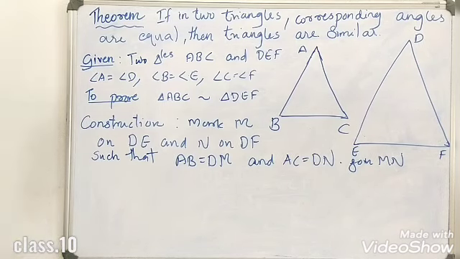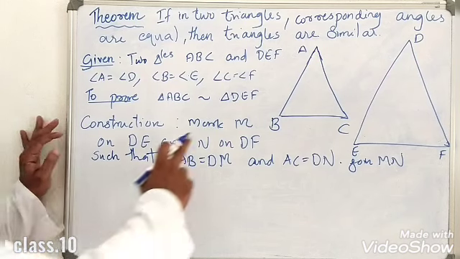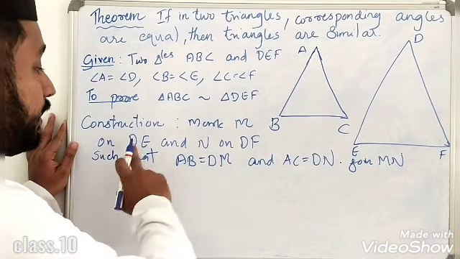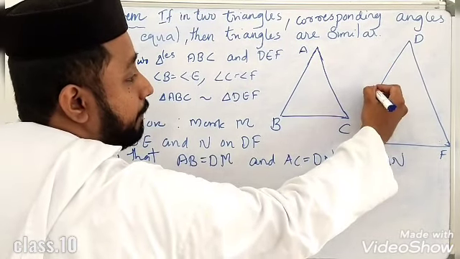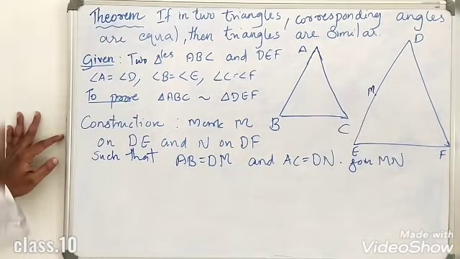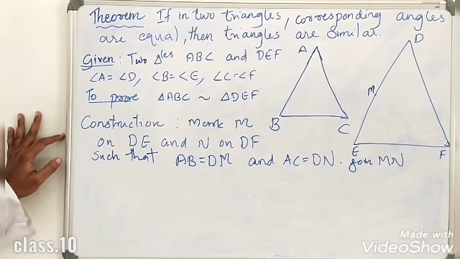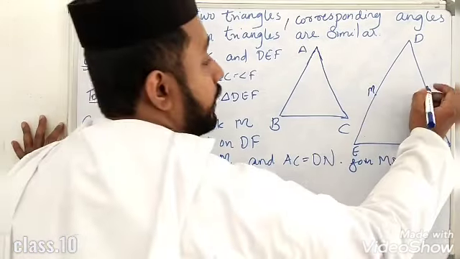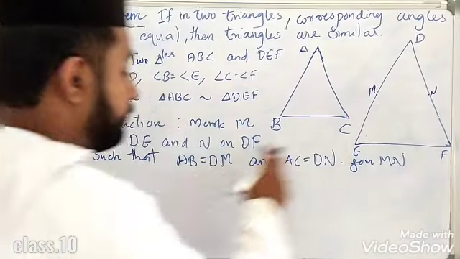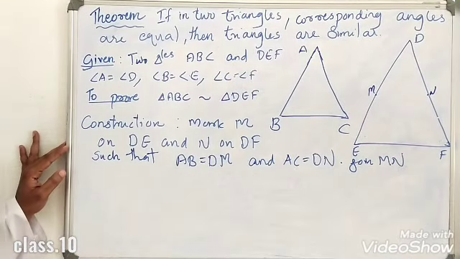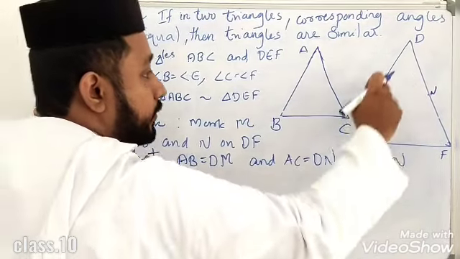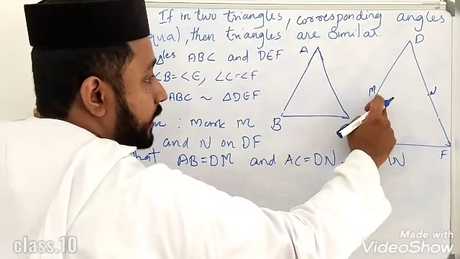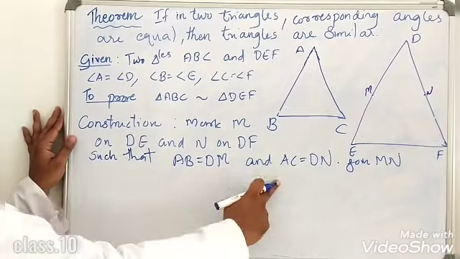Then construction. Mark a point M on DE. This is D. I am going to mark a point M on DE and N on DF, such that AB is equal to DM. So we consider the side AB equal to DM, and AC is equal to DN.